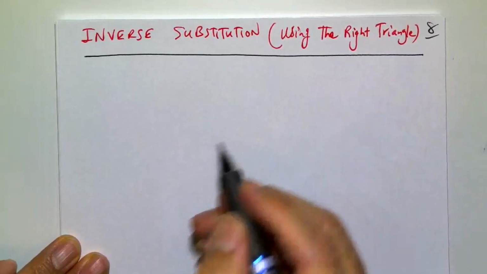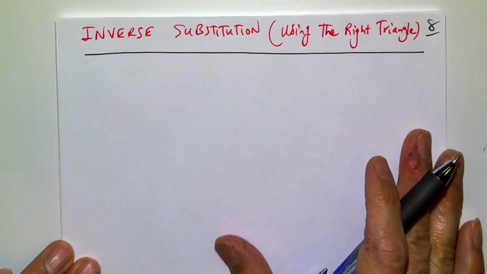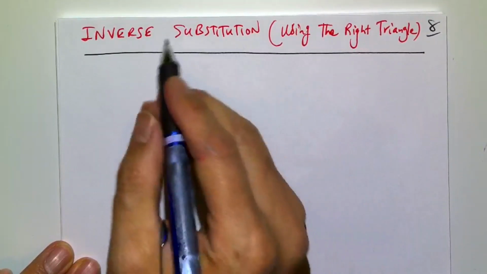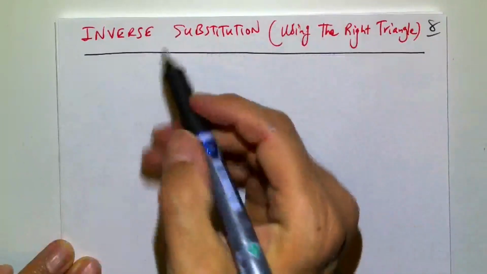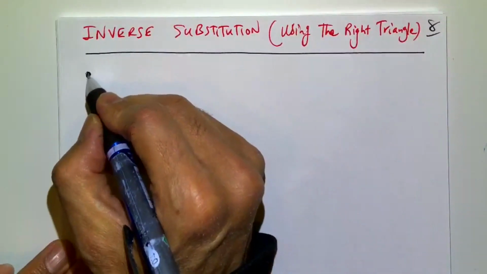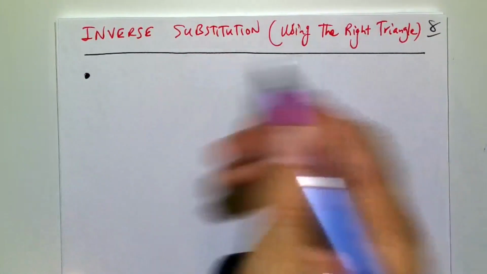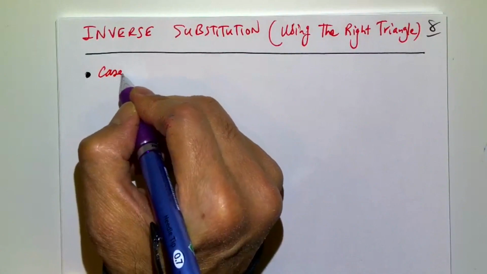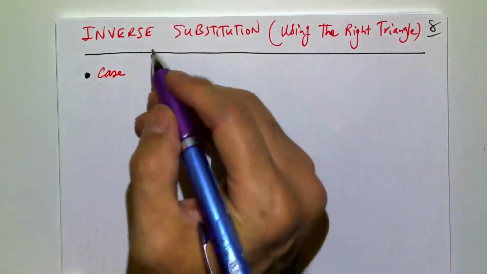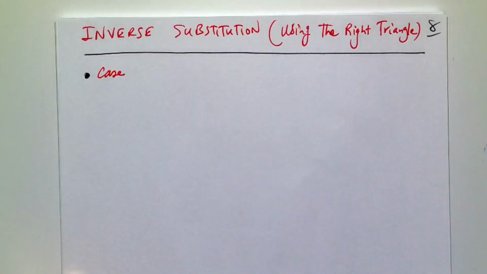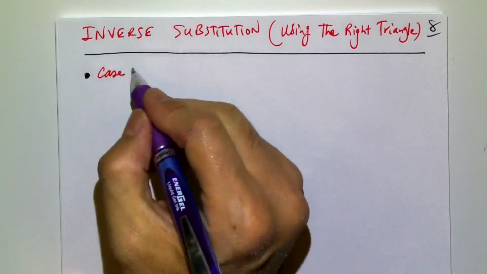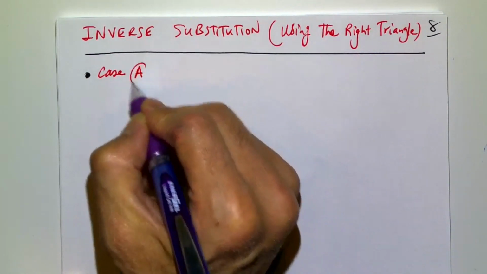Okay. So this also has cases, for inverse substitution. Let me call this case A, because we've already gone through case 1 through 5.